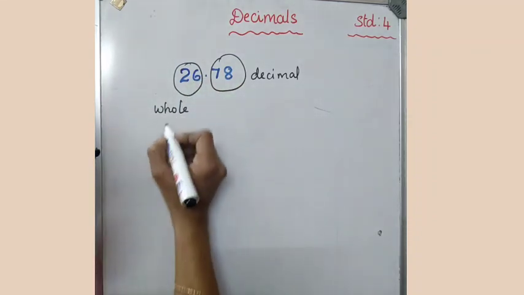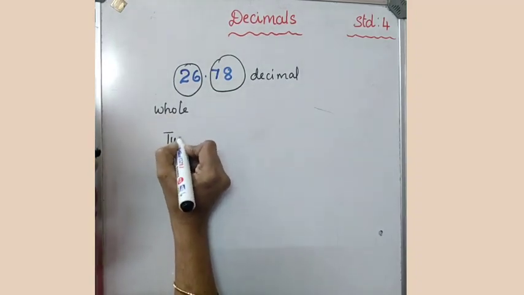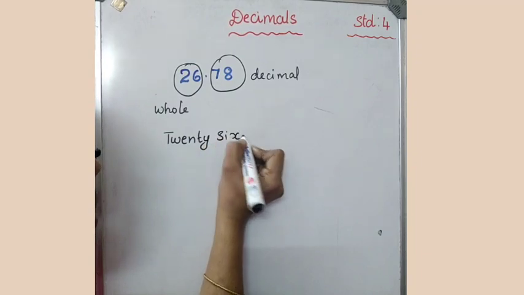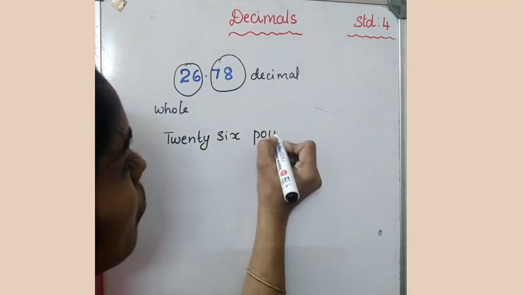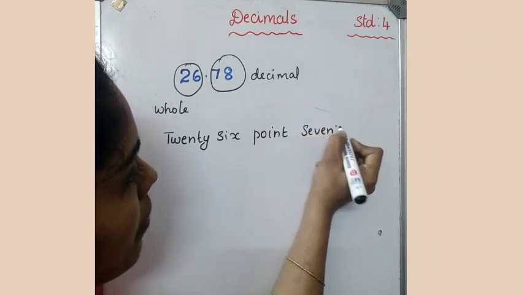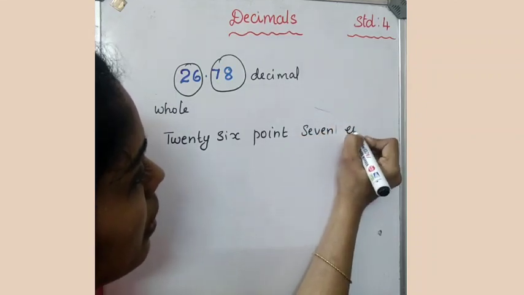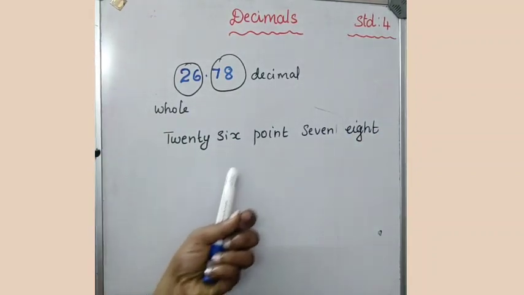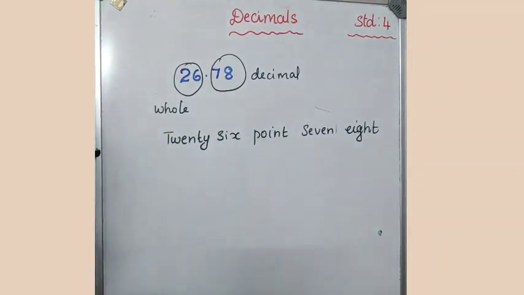How will you write this? We write this as 26.78.